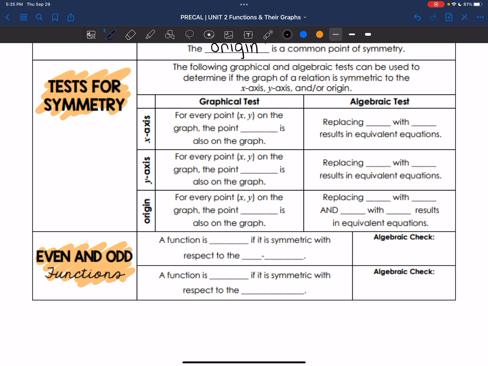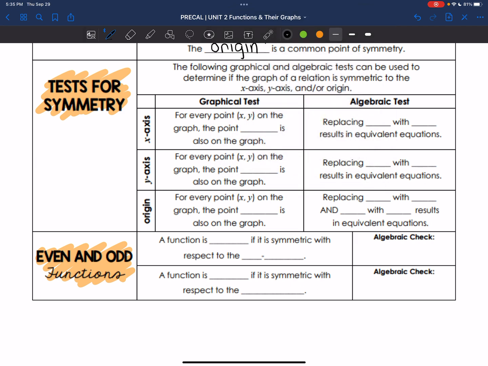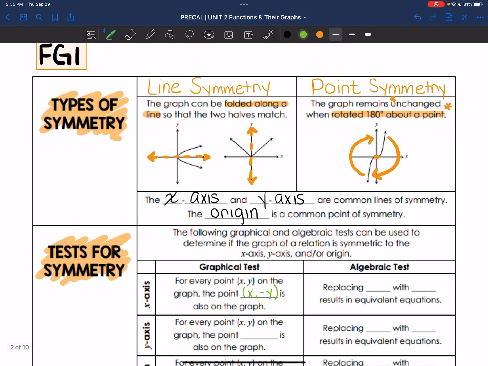So let's talk about if we have x-axis symmetry. For every point (x, y) on the graph, the point (x, opposite of y) is also on the graph. If you look here, here is the point x and a positive y.